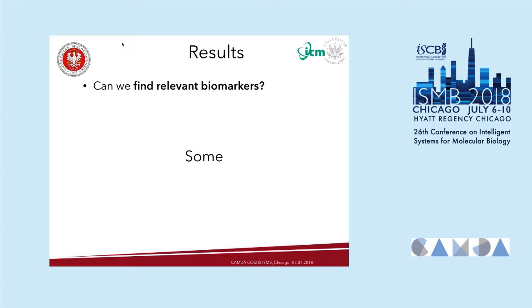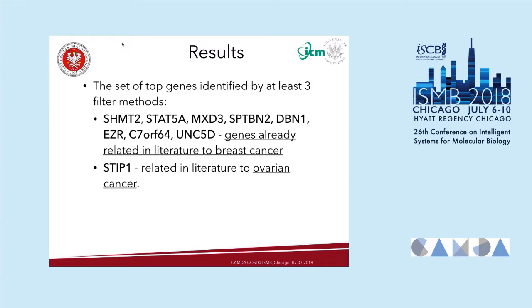And can we find relevant variables, biomarkers? We have found that eight top genes were repeatedly found by at least 3 filtering methods.